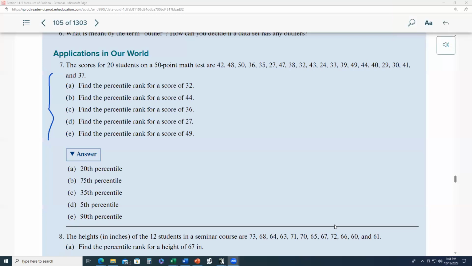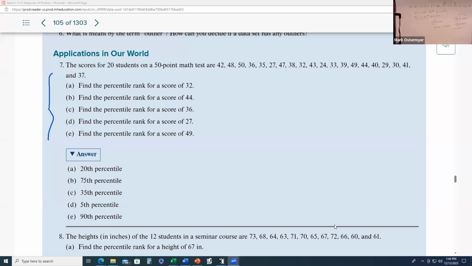Of 0.05. Okay, so if you multiply that by 100%, that'd be 5%, the 5th percentile. That means only 5% of the scores are lower than your score, and 95% of the scores are higher than your score. That's not really too good, is it? 5th percentile is not very great.